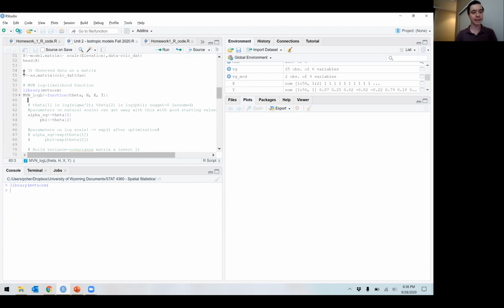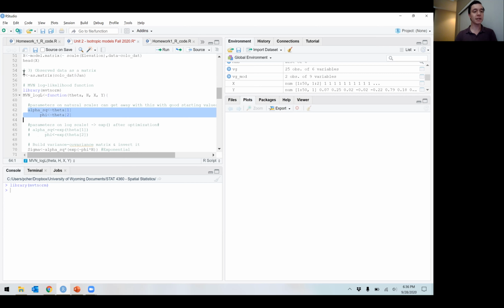There's nothing to be estimated there. Whoops, this is not entirely correct. So here, for notational purposes, I am taking theta 1 to be alpha squared, which is the partial sill, and phi as the range parameter. Not the range, not the effective range, the range parameter.